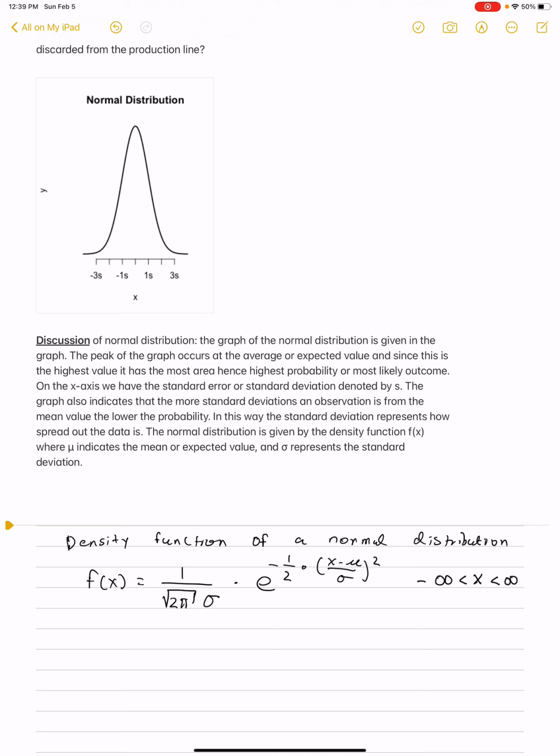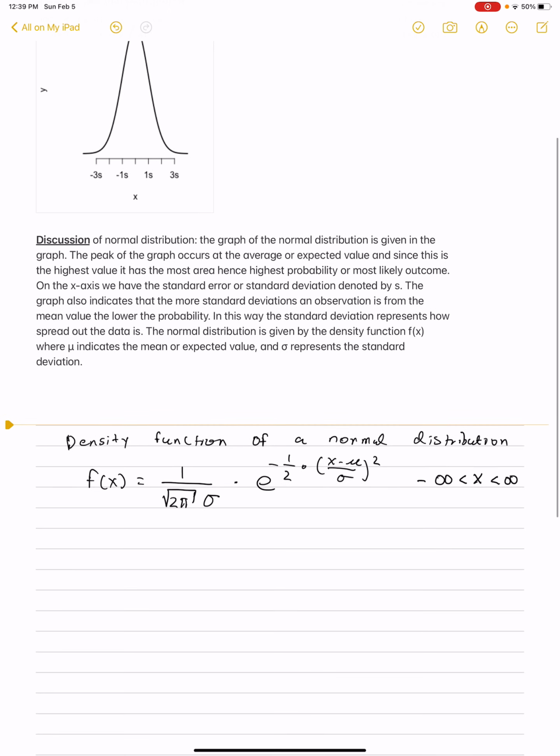Well, let's calculate probabilities now. We're being asked to calculate the probability a part is discarded. Well, what does it mean for the part to be discarded?